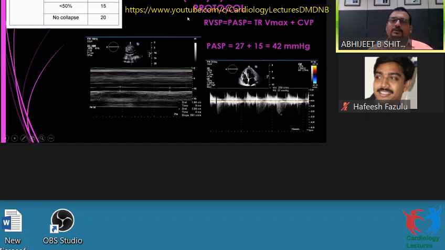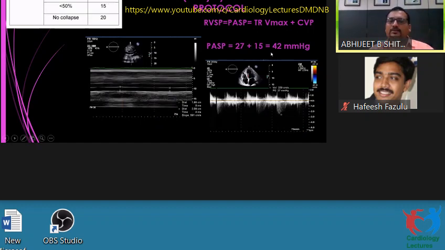In such a situation, you can also see the patient's tricuspid valve, put a continuous wave Doppler across it to know the pulmonary artery systolic pressures, to know the status of pulmonary artery hypertension. So if you see this maximum pressure gradient of 27 millimeters of mercury, you add the CVP, calculated through this formula in a spontaneously breathing patient.